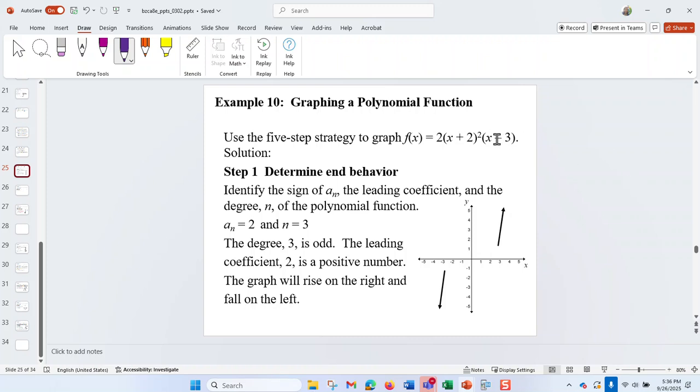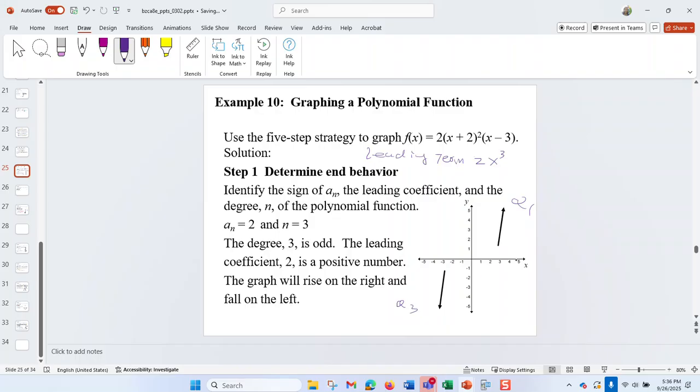So you're going to have your leading term, which is x cubed. All right, x cubed is positive, so you're gonna go through quadrants 1 and 3, and then cube it, so you're gonna have quadrant 1 and quadrant 3 right here.